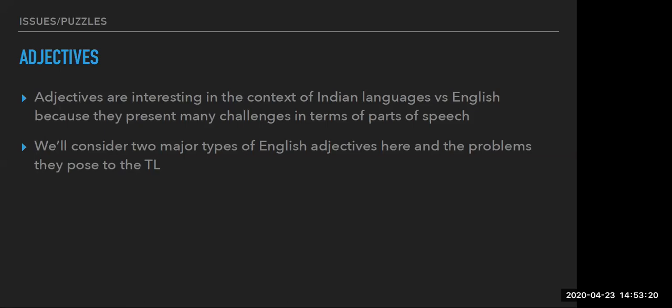If you look at the category, especially in relation to English, it becomes even more complicated. So we'll consider 2 types of adjectives, and the problems they pose to the target language. Slide.